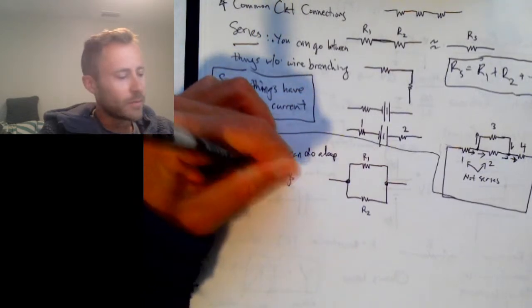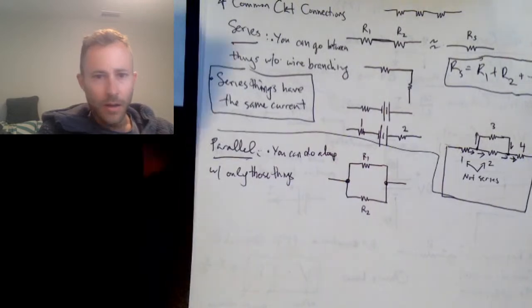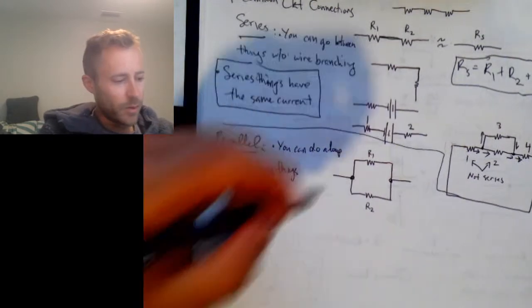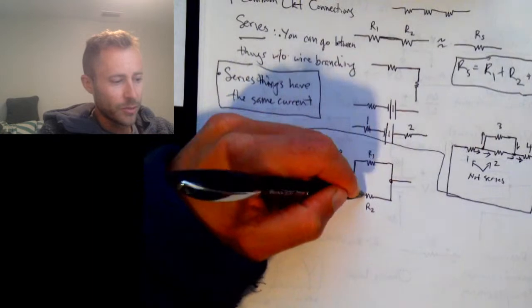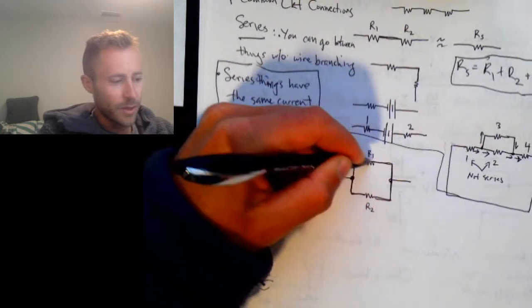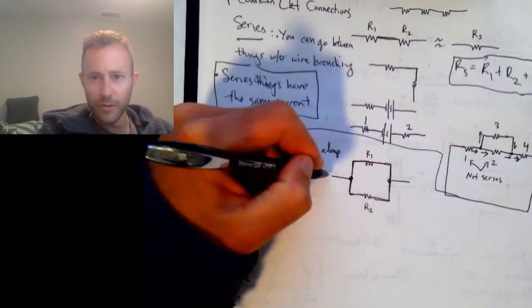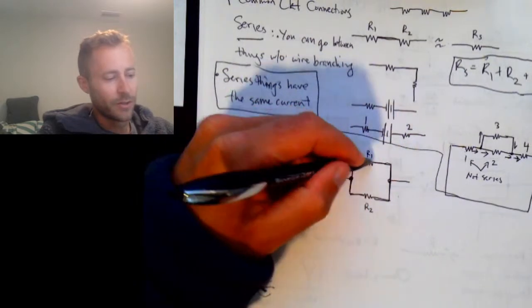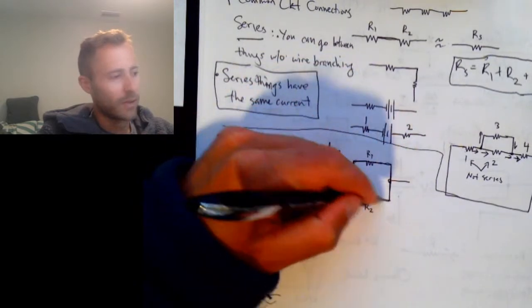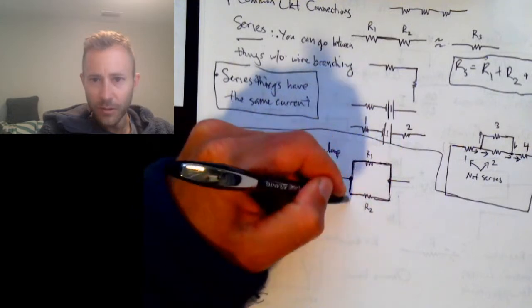What would the loop be? Well, I can imagine going around this loop like so. It doesn't matter that there's a branch here and a branch here. The only things I'm encountering on those loops are those two resistors.